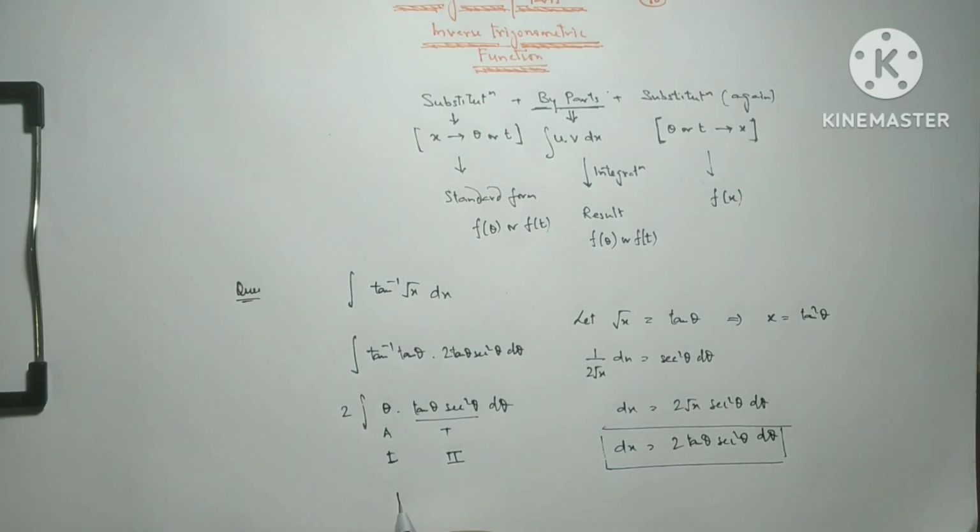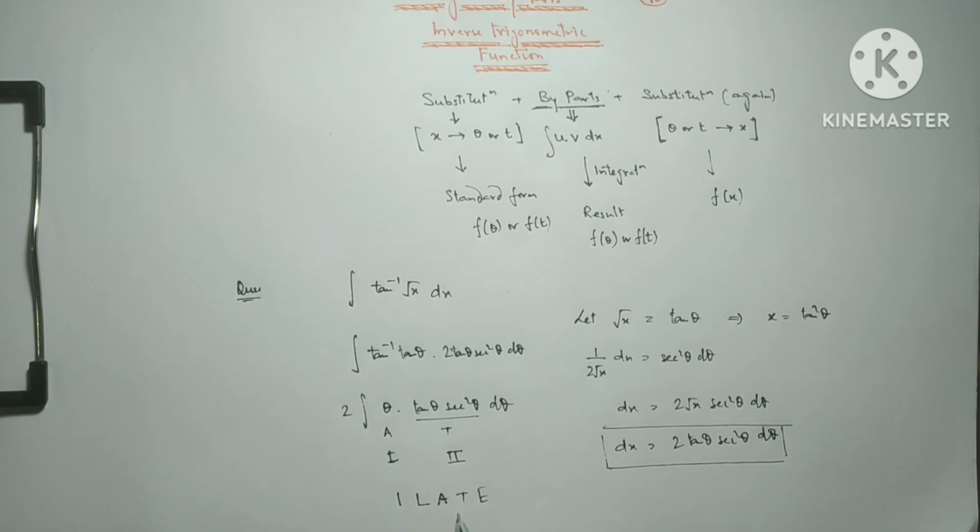According to ILATE, we order this. So theta is just like an algebraic function, and tan theta and sec square theta is trigonometric. So algebraic function has higher priority, so it will be first and this will be second.